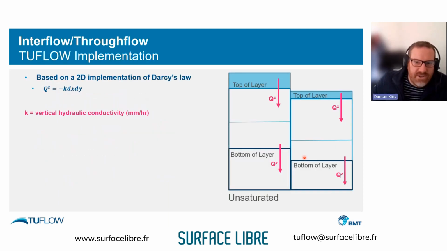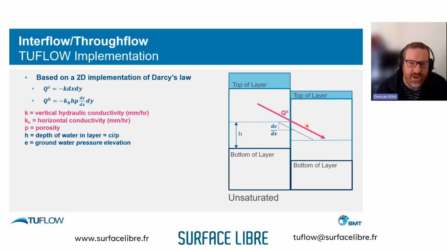The interflow is based on a 2D implementation of Darcy's law for flow through porous media. What we're doing is essentially calculating the water table in each cell layer. The vertical movement of flow is based on the vertical hydraulic conductivity and the cell area. We then have the horizontal movement of flow, based on a horizontal conductivity value and a porosity value, but essentially on what we call the groundwater pressure level.